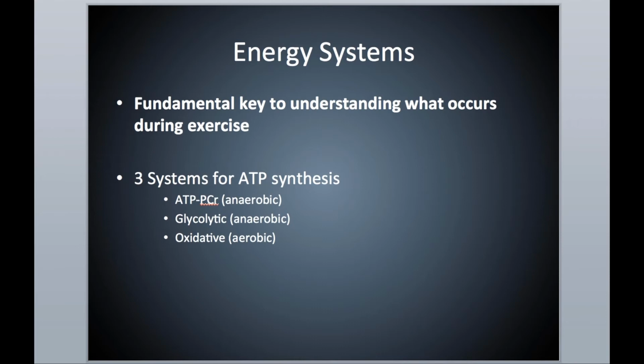This is also anaerobic. It involves a process known as glycolysis, and in fact this is also referred to as anaerobic glycolysis. Now, the third one is the oxidative system, or the aerobic system, and this is where we're going to need oxygen for it to run.